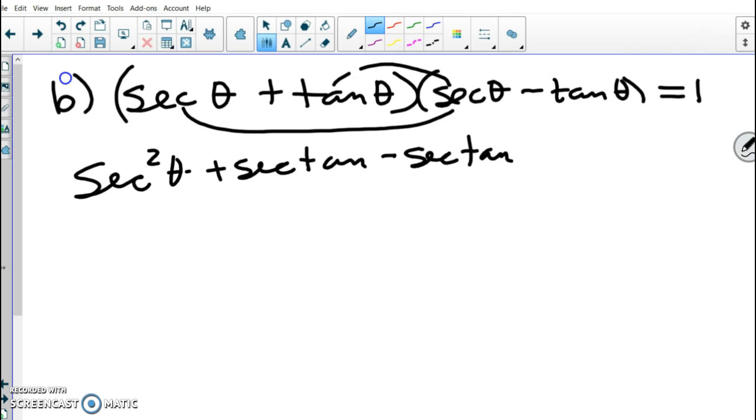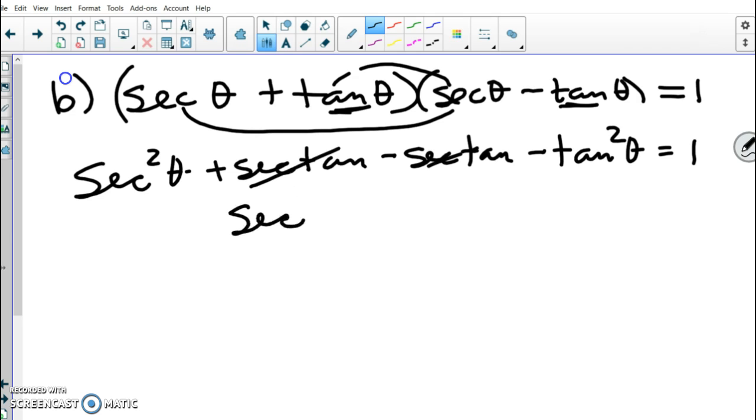So we've done outside, inside, and then we have the product of the last two terms, which is our tangent. So we have tangent squared theta equaling 1. We see those middle products canceling out, and we're left with secant squared theta minus tangent squared theta equals 1. And that's one of the Pythagorean identities that we proved earlier on.